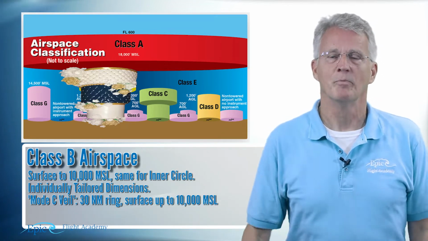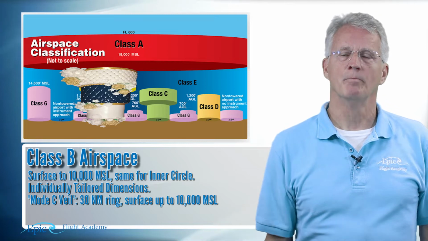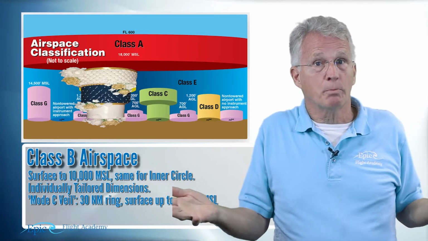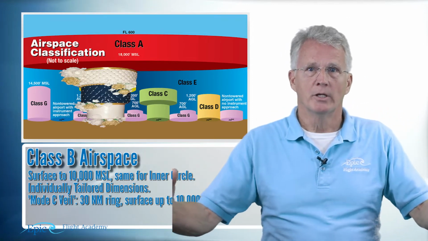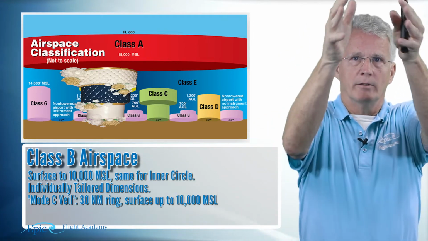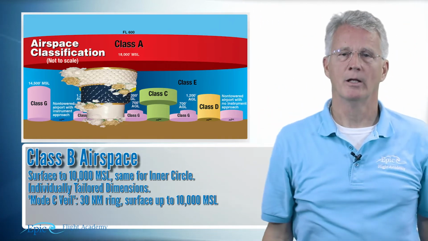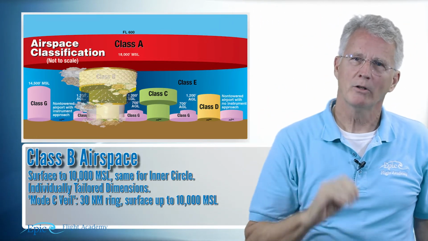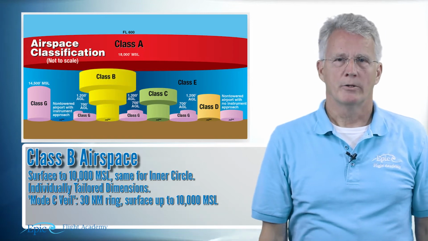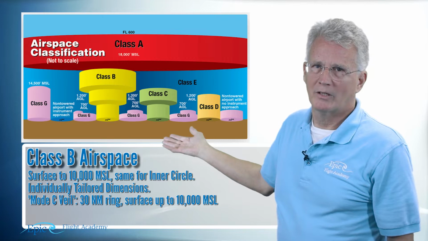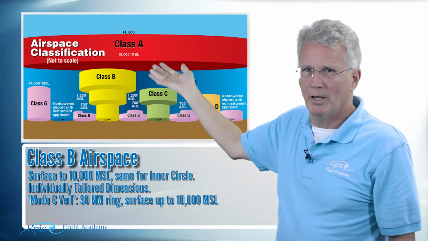Well, guess what? That description of Bravo airspace actually still works pretty good. If you could imagine a layered wedding cake and then flip it upside down, that is very close to what Bravo airspace looks like. And in this diagram, you can kind of see it three-dimensionally.